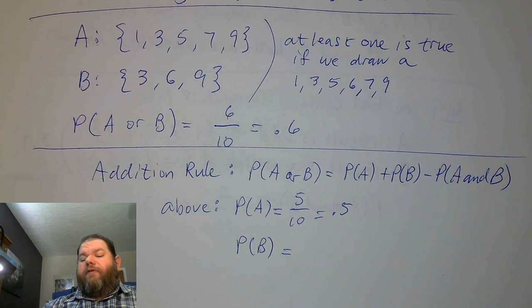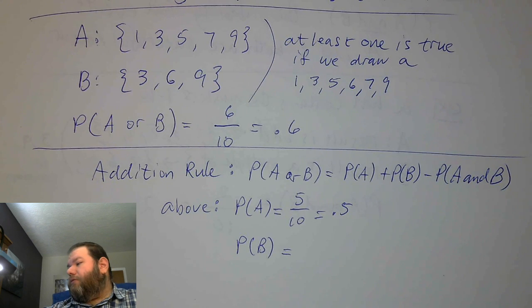What about the probability of B? What would we get there?